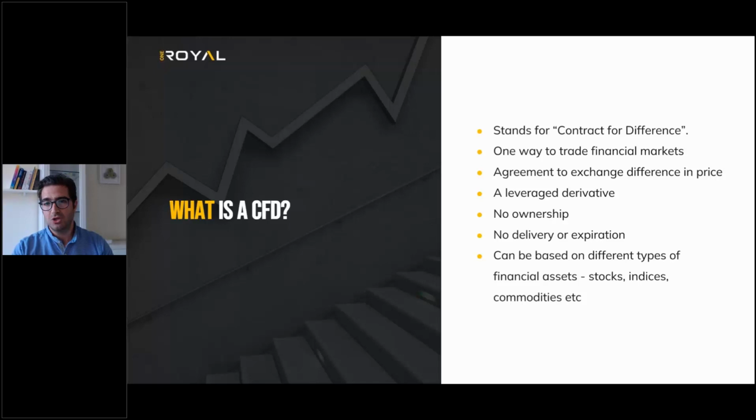Also, there is no delivery and expiration at the end of the contract, similar to future contracts, okay? You can trade CFD based on financial assets such as stocks, indices, commodities, and recently cryptocurrencies. So it's like an advantage that you can trade all available financial markets if you would like.